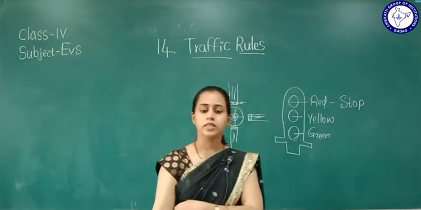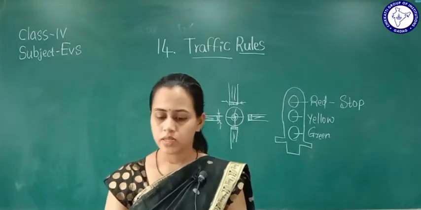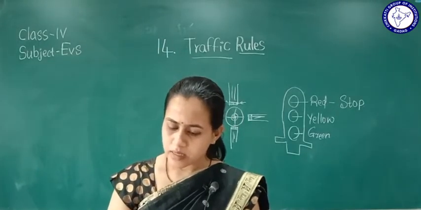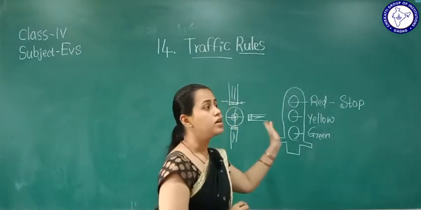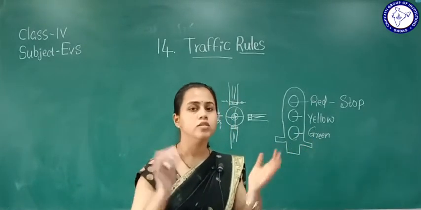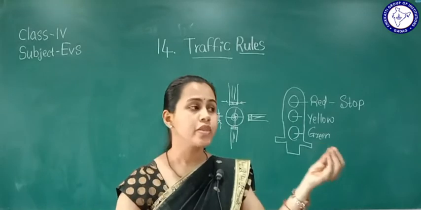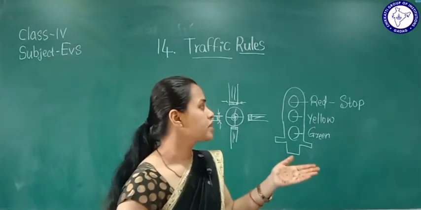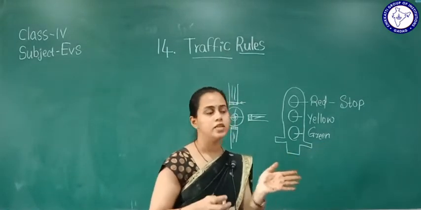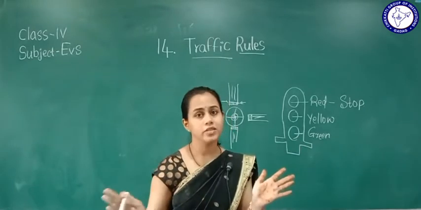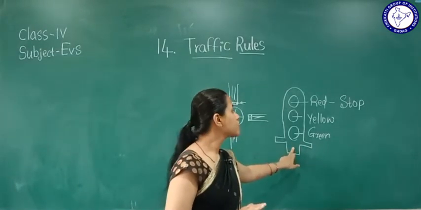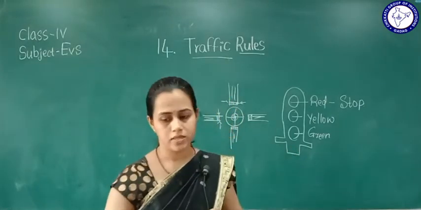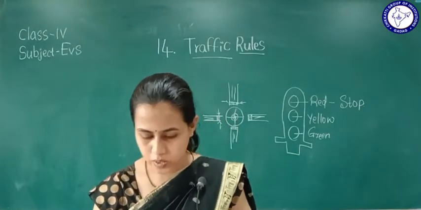So here what is next? Where you can see this: when 4 side or 2 side or 3 side roads meet, means there are 2 ways or 3 ways. There you can see these, what? Signals, traffic signals.